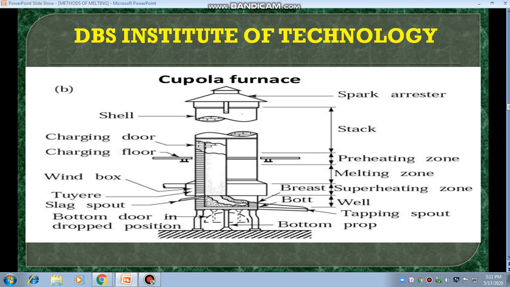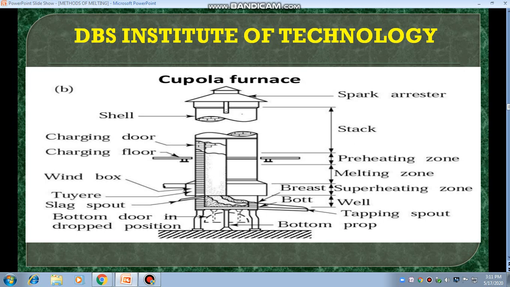On the left side there is the charging door and there is the charging floor, and there is the wind box, then the slag spout, then finally at the bottom there is the bottom door. This is the dropped position, that's the open position. On the right side, the top part is the spark arrestor.